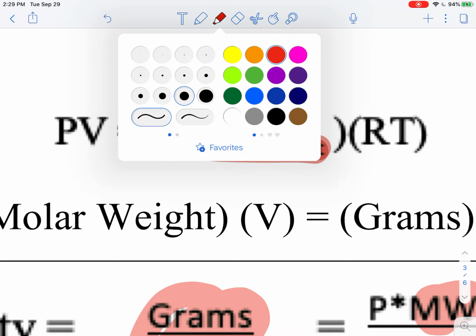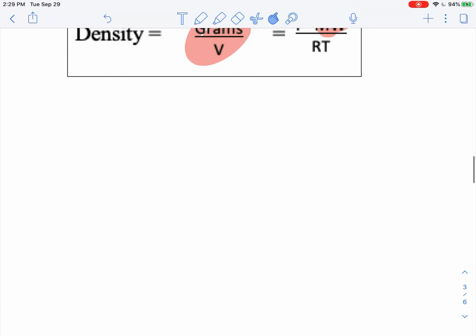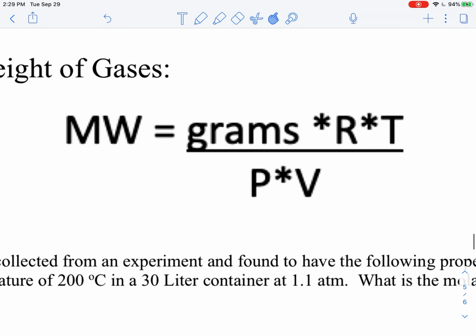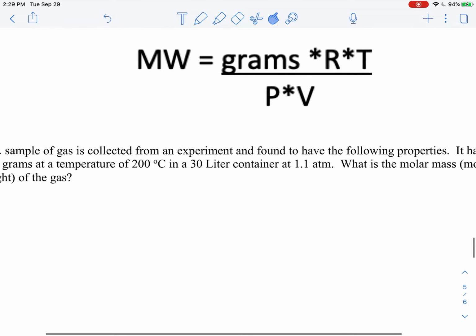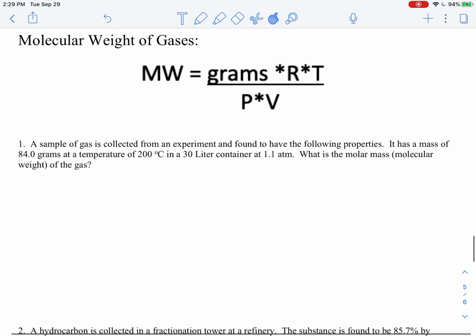So that means I'm going to get the gRT divided by the PV with the molar weight moving up there, depending on how you want to deal with the conversions. So the molar weight is the grams times RT divided by PV. Again, they will not give you this equation. They will expect, if they're going to do this, that you can rearrange the ideal gas law equation to get this equation. So past that, it's just a matter of plug and chug.